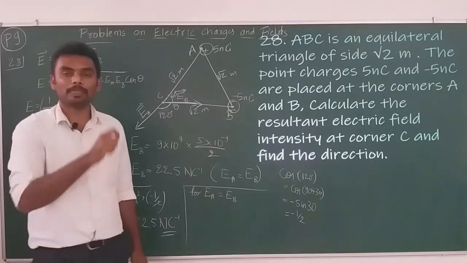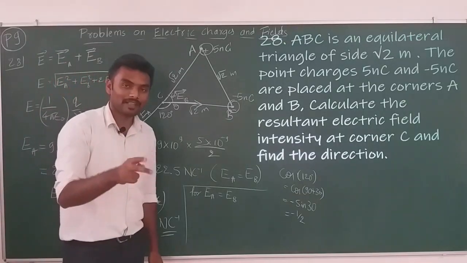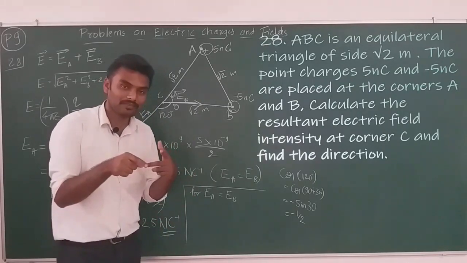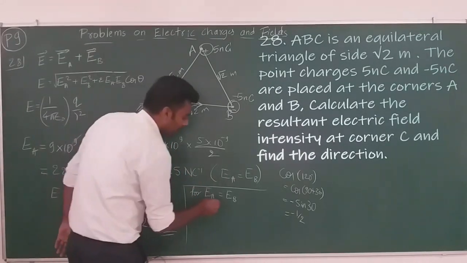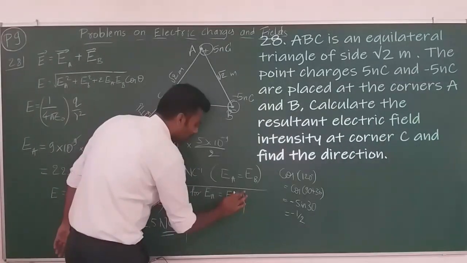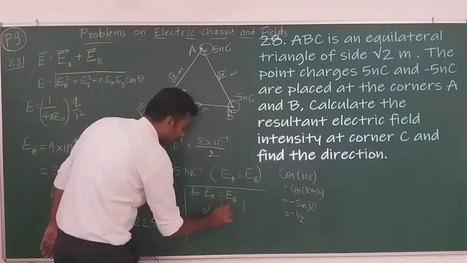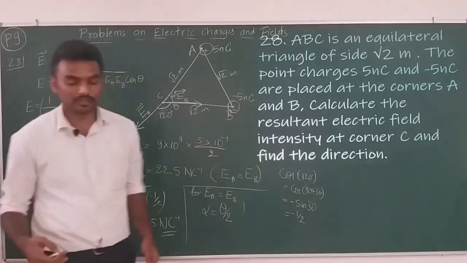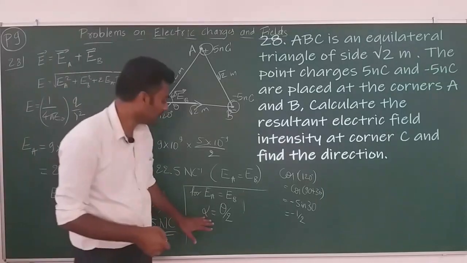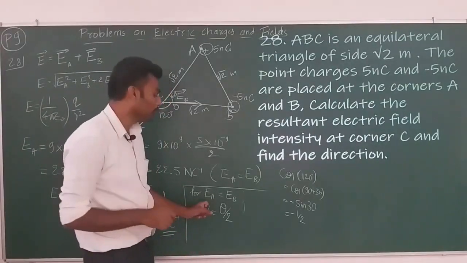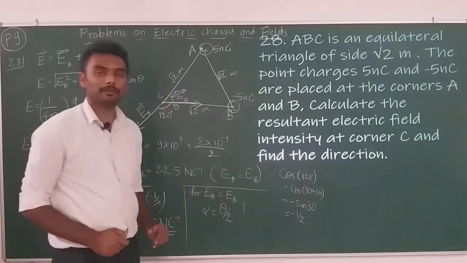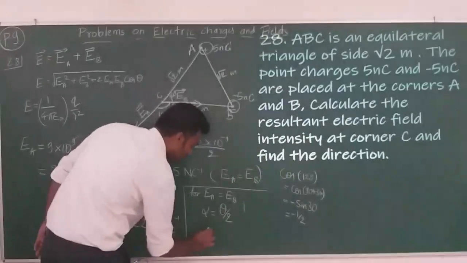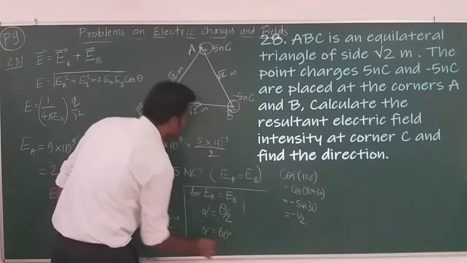Whenever we have two vectors with equal magnitude acting at a point, then the direction of the resultant will be given using the simple formula alpha is equal to theta by 2. You should refer to your first year notes, the second chapter, there you will find it as a special case when P is equal to Q, alpha is equal to theta by 2, right. What is theta? Theta is 120, which makes alpha equal to 60 degree.